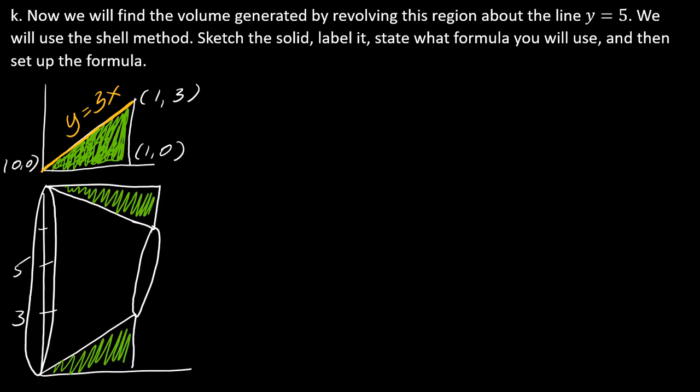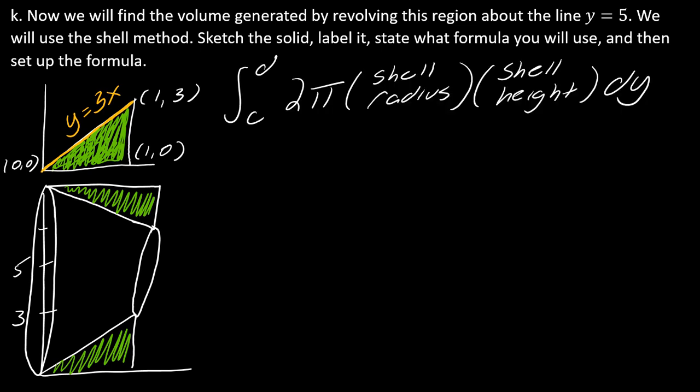So here's my revolution. There's my solid, so I can see everything here. And okay, since I am now rotating about something that is parallel to the x-axis, what does that mean? That means that I'm going to integrate with respect to y, okay? And then my radius is going to be calculated this way, right?